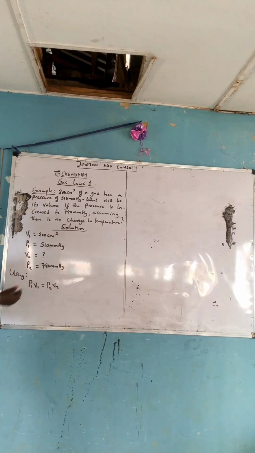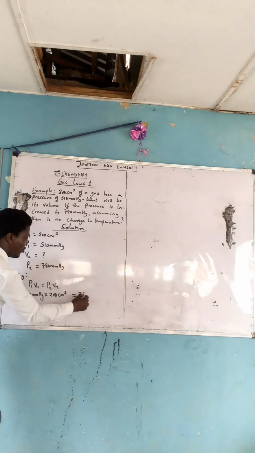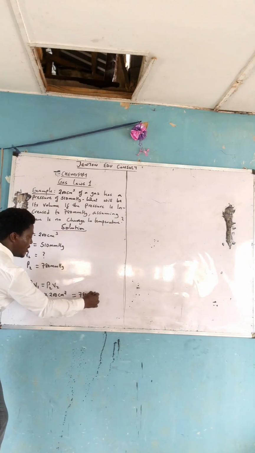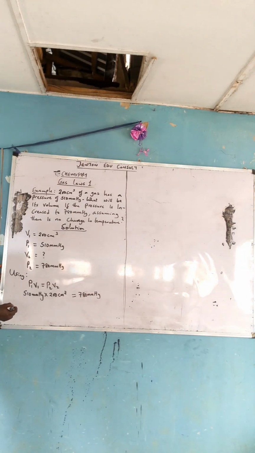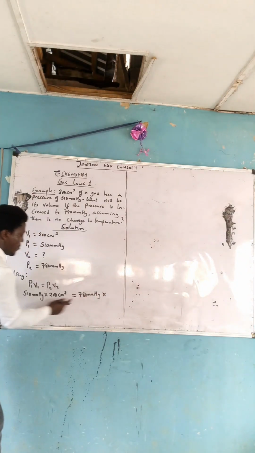Okay, now let's substitute what we have in this question. What's my P1? My P1 is 510 millimeter mercury times my V1, which is 200 centimeter cube. And that will be equal to my P2, which is 780 millimeter mercury, multiplied by my V2.